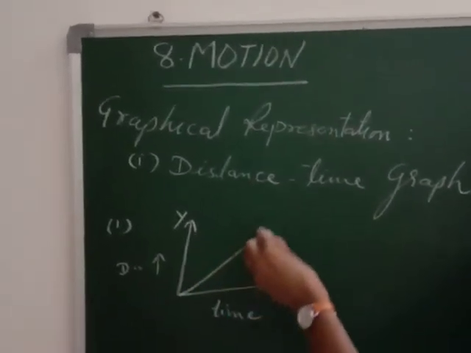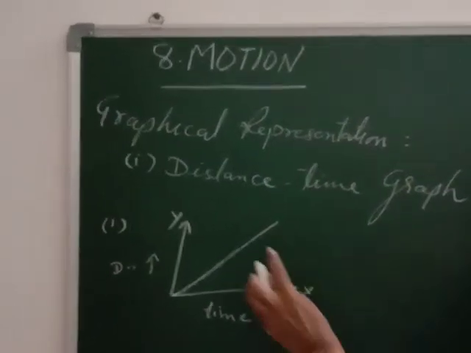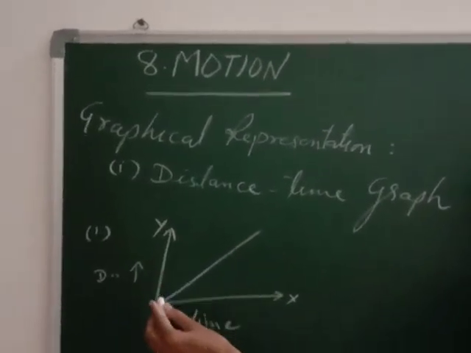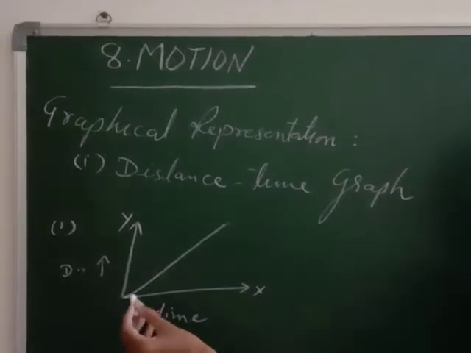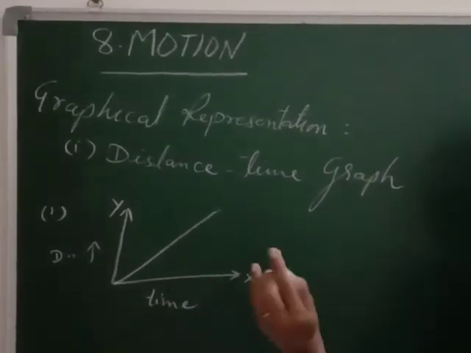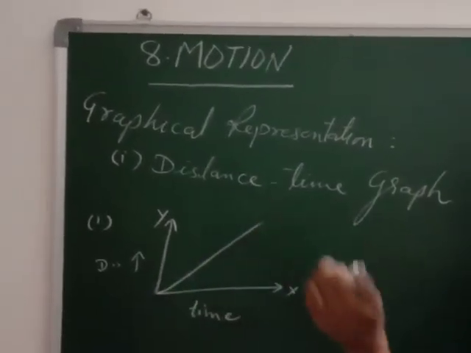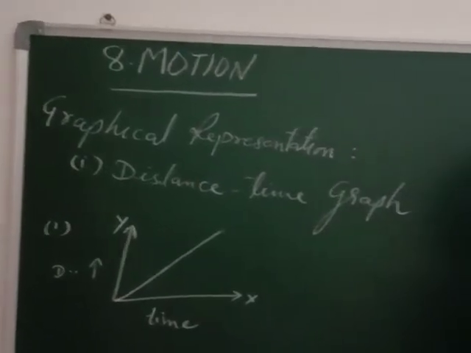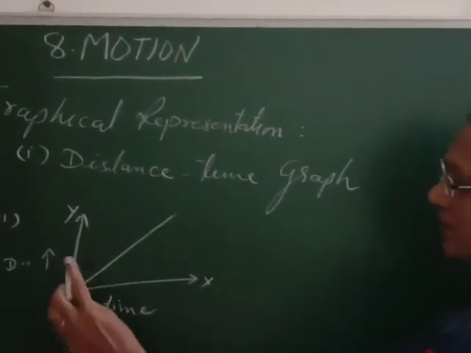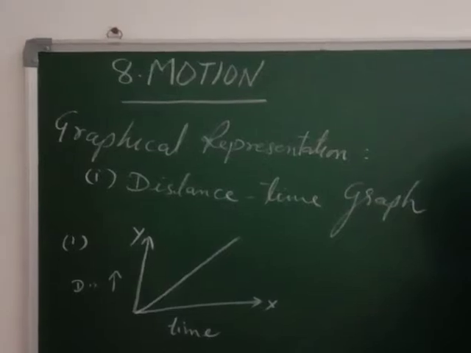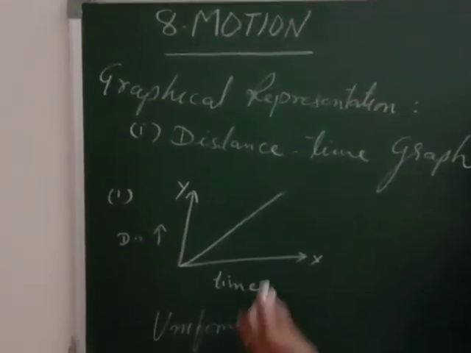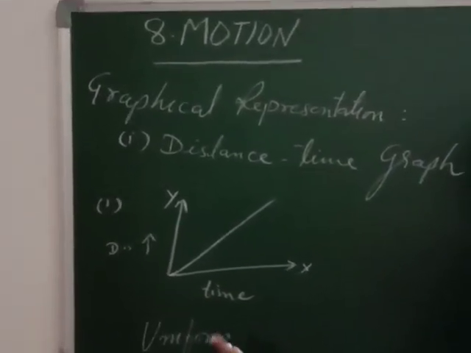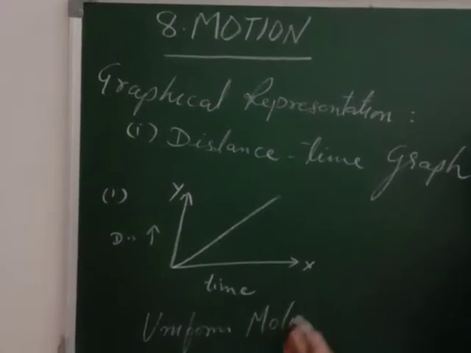If I am getting a straight line like this, that means the distance is increasing with increase in time, and equal amount of distance is increasing with equal amount of time. So this straight line represents uniform motion.